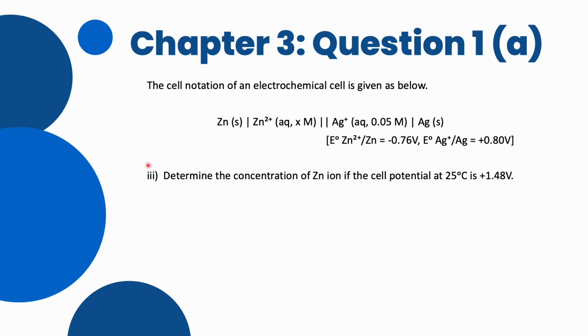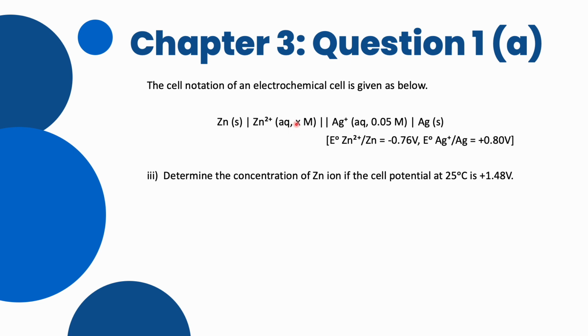For question 3 Roman, determine the concentration of zinc ion if the cell potential at 25 degrees Celsius is positive 1.48 volt. So the concentration of zinc ion is our unknown. If you refer to the cell notation, it is written down here to be X. So this is our unknown.